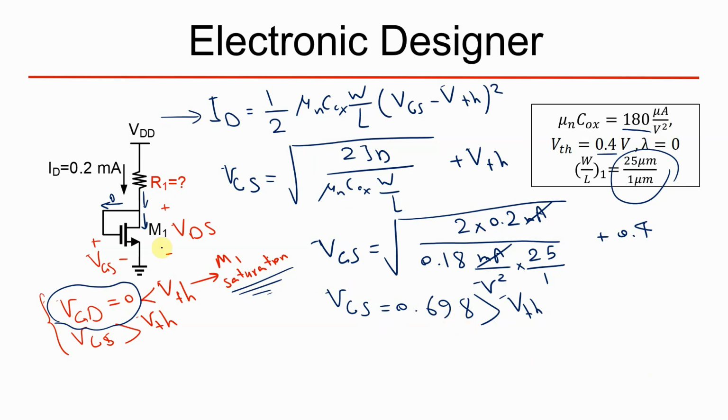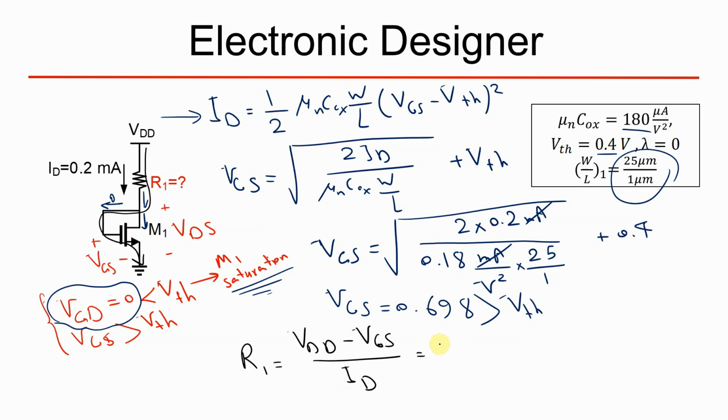We can now calculate R1. How can we calculate it? By using KVL in this loop. So R1 equals VDD minus gate source voltage divided by I drain.